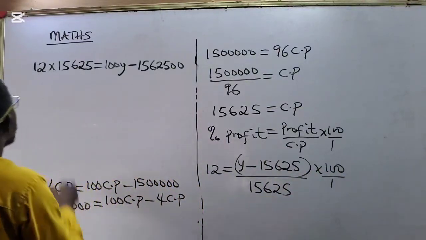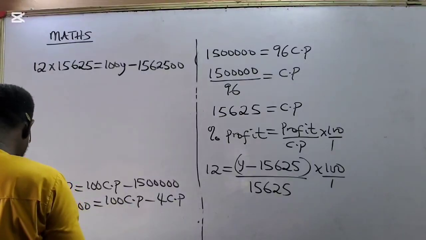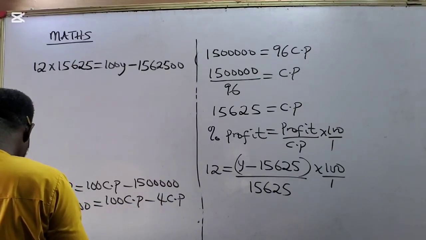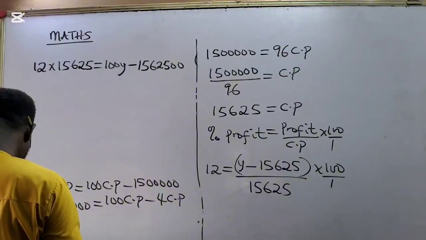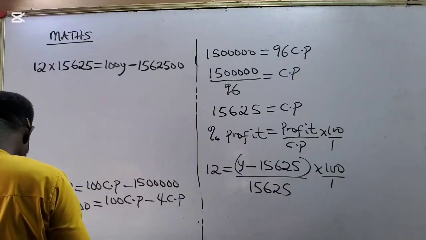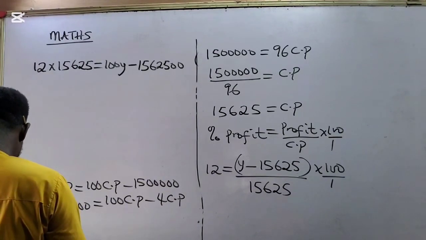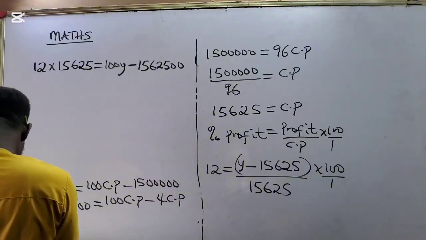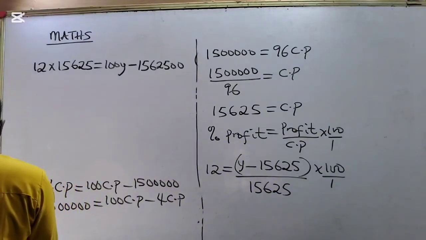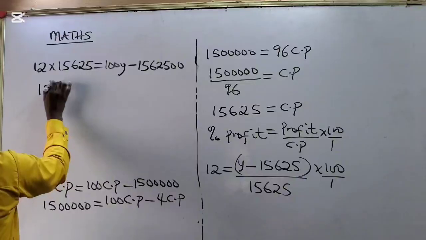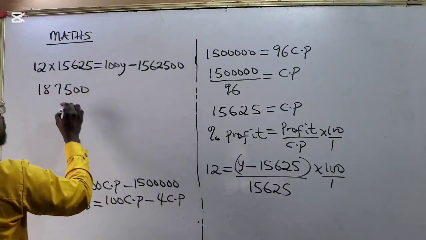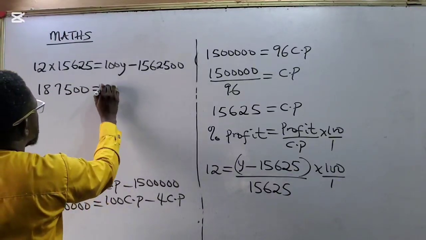So now let's multiply 15,625 by 12. That was 187,500.